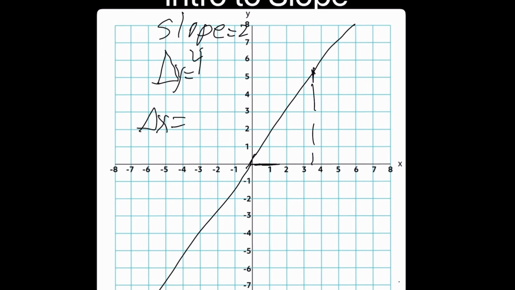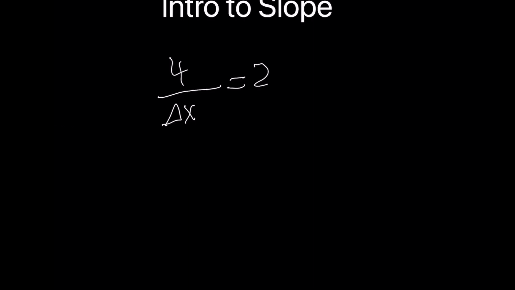So if we know our slope is 2, so delta y, by the way, this triangle is called delta, divided by delta x is equal to 2. And remember, this is just the slope. And our delta y is 4, so 4 over delta x is equal to 2. Here we can just solve for delta x. To solve for x in this problem, we can treat delta x like any regular variable.